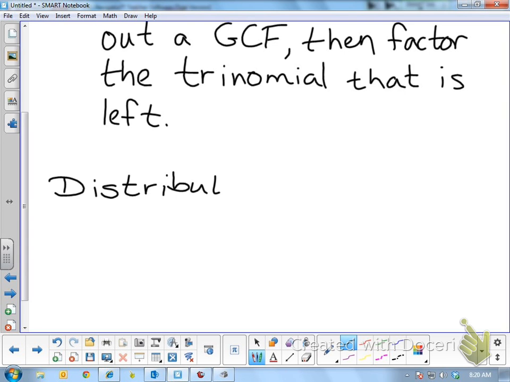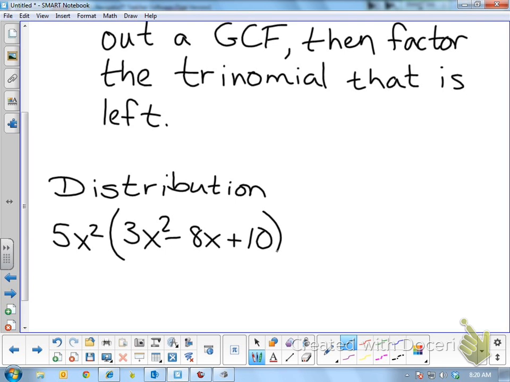Distribution. So we know how to distribute. We've been practicing our multiplication of polynomials quite a bit.